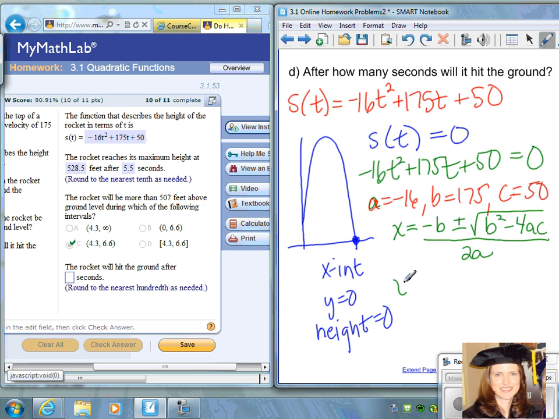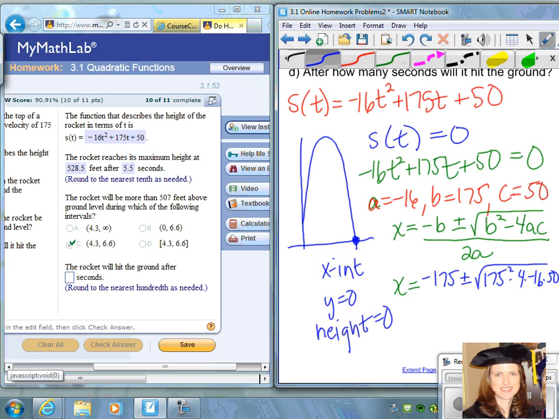Plug in those values. It's going to be the opposite of 175 plus or minus the square root of 175 squared minus 4 times negative 16 times 50, all divided by 2 times a.